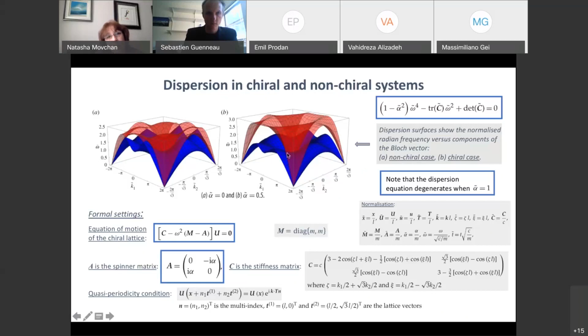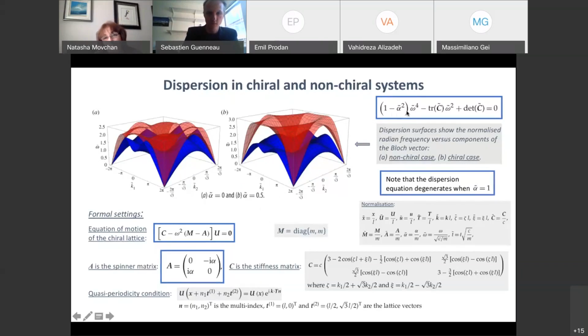And here I have the comparison between the two sets of dispersion surfaces. For the non-chiral case, when alpha is equal to 0, the two surfaces I have shown previously are now in blue and red. And on the right-hand side, part B corresponds to the case when we have some kind of spinors, with the normalized spin constant half.